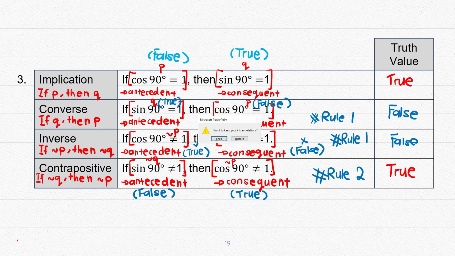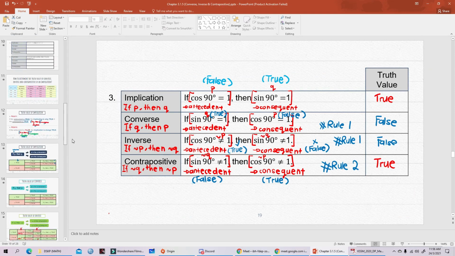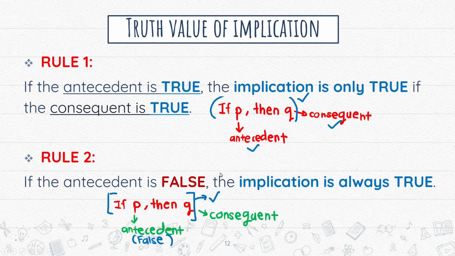I think you need to understand the rules better. Okay, I will show you again. To determine the truth value, there are 2 rules, rule number 1 and rule number 2. In an implication, there is an antecedent and a consequent.